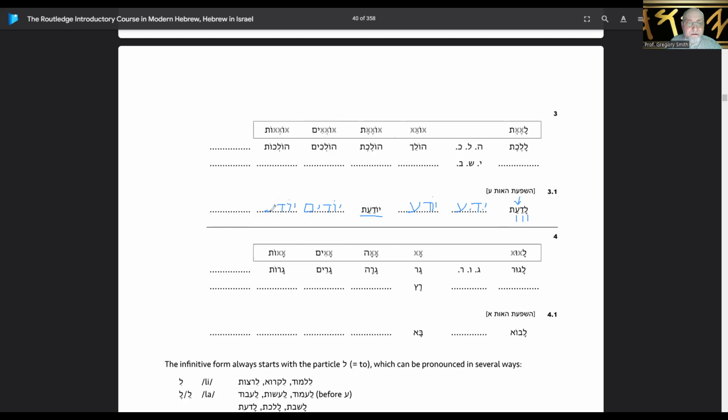We got to remember that ayin. I think we forgot the ayin in yodim, didn't we? Yeah, we got to slip an ayin in there. So it's yod'im. Yod'ot. Okay. And then it means to know.